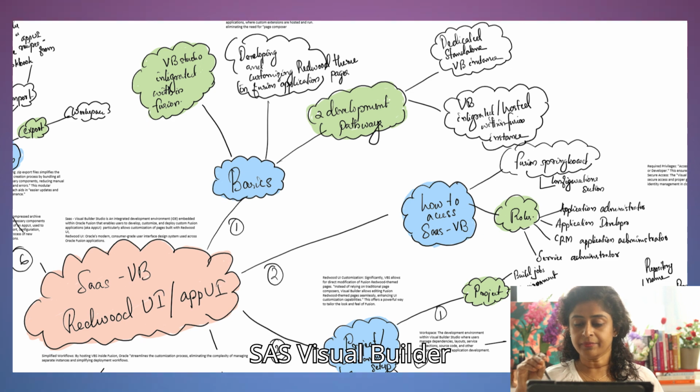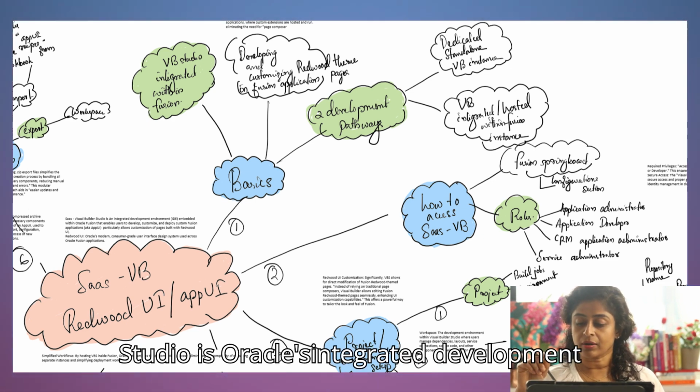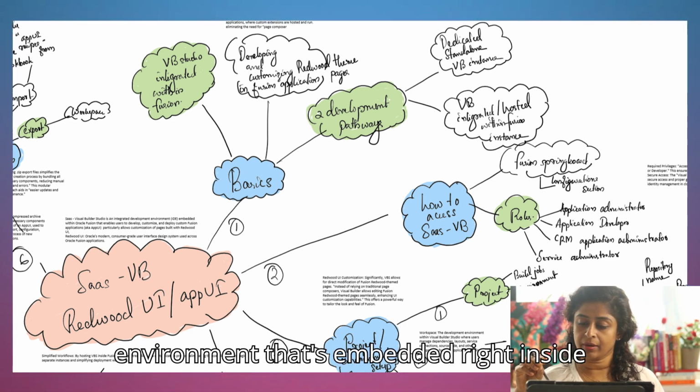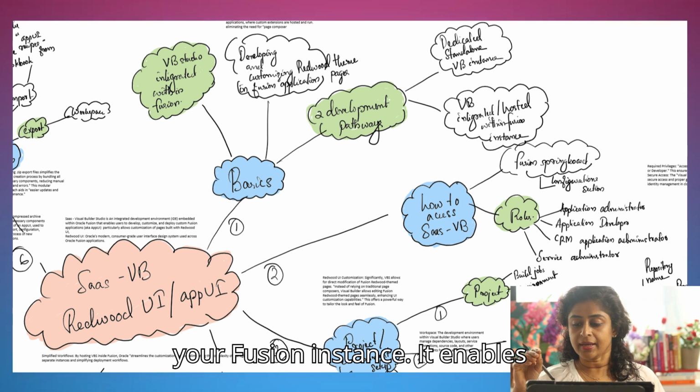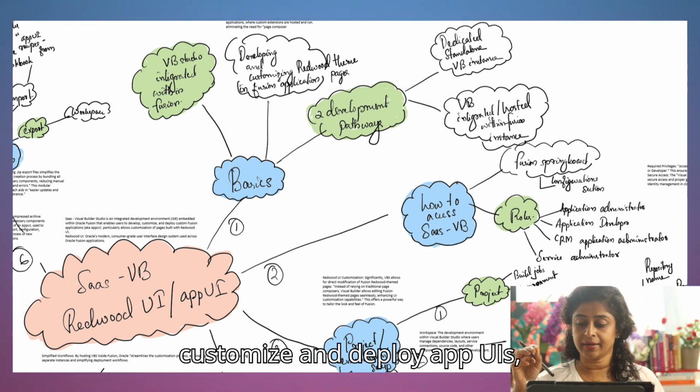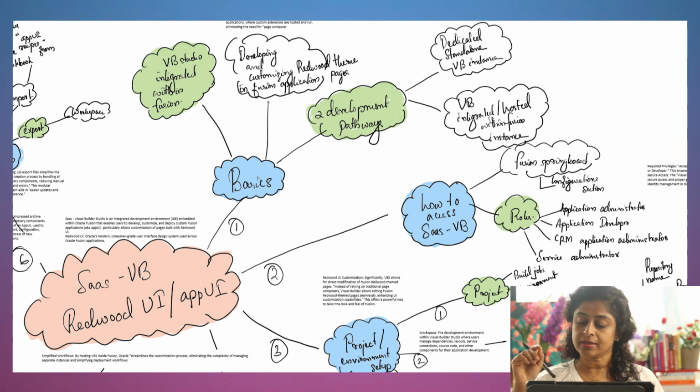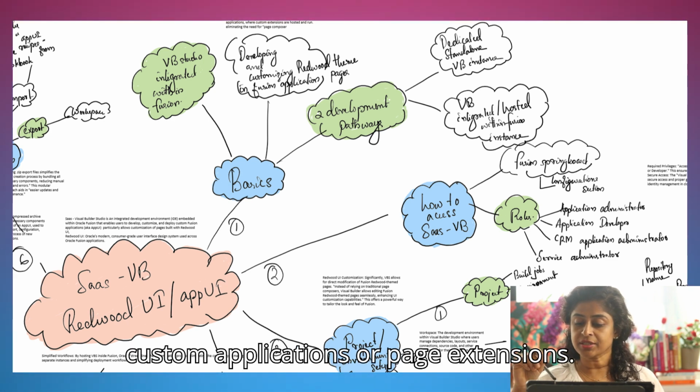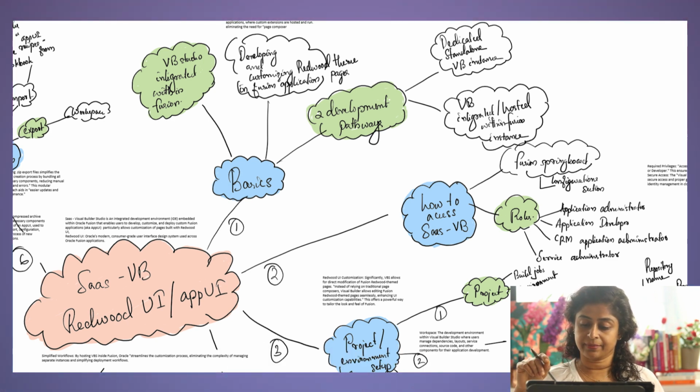SaaS Visual Builder Studio is Oracle's integrated development environment that's embedded right inside your Fusion instance. It enables developers and administrators to build, customize, and deploy app UIs, Redwood UI, that is, custom applications or page extensions.